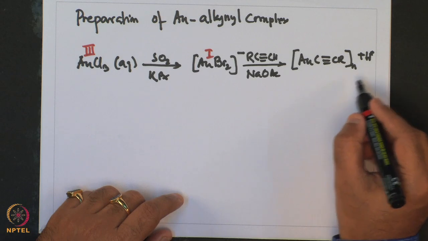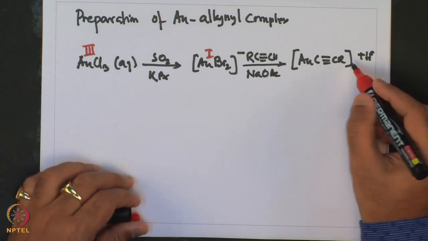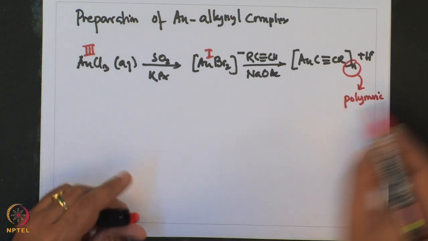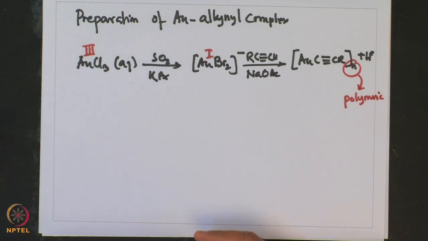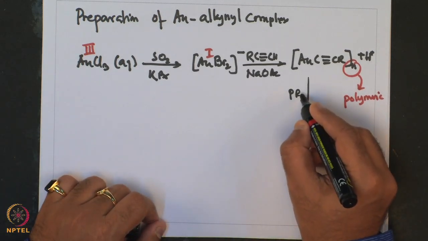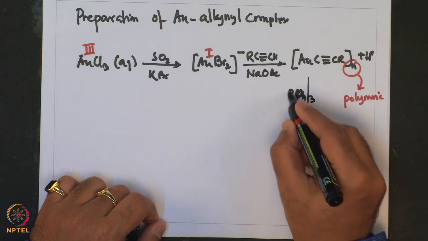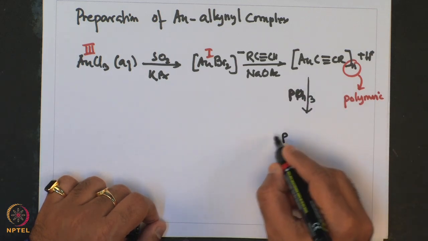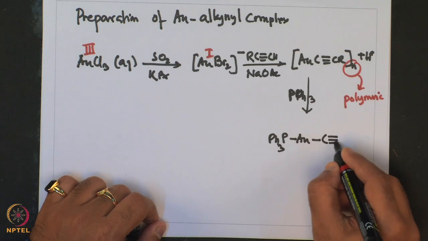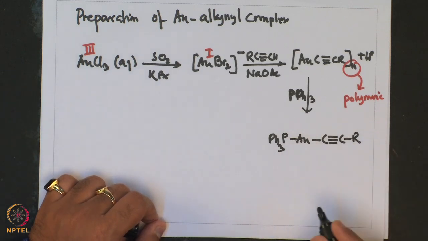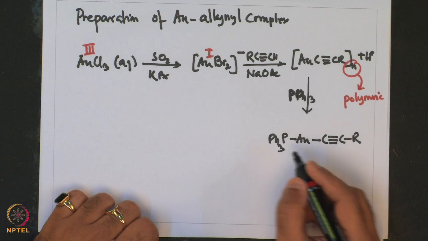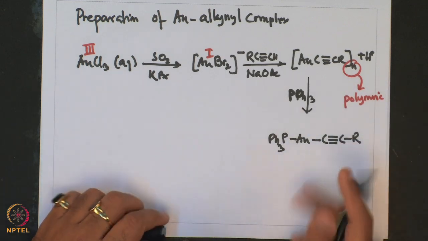Now, this gold acetylide complex is polymeric in nature, and the polymeric structure can be broken by addition of a dative ligand like PPh3 to give this monomeric gold triphenylphosphine acetylide complex, and this can be shown over here that this becomes monomeric.